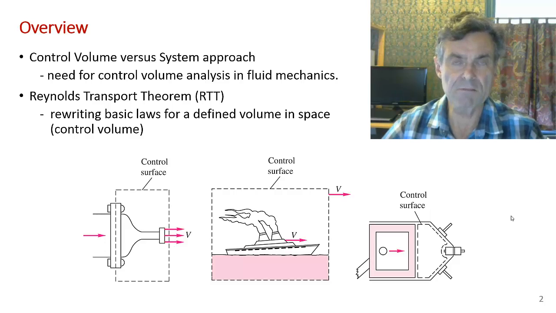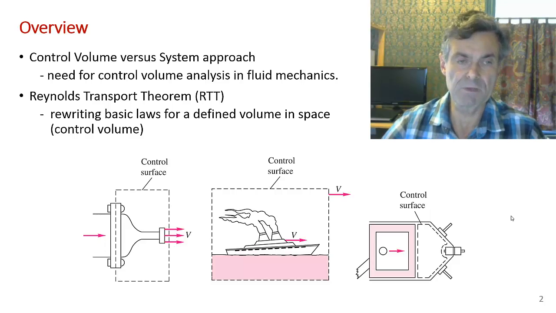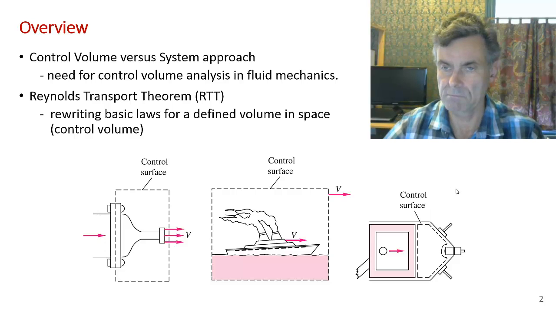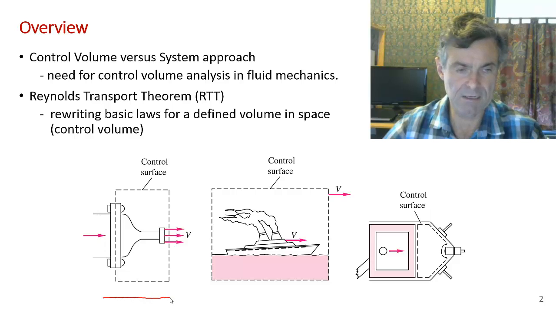And so down at the bottom of the page, I've shown three images with three different control volumes that the user might select in analyzing a system. On the far left-hand side here, I have a dashed line drawn around a nozzle. So we have fluid flowing in from the left and accelerating as it flows out the nozzle.